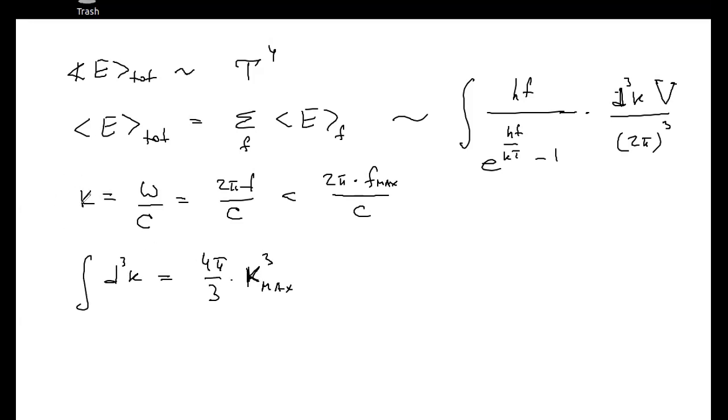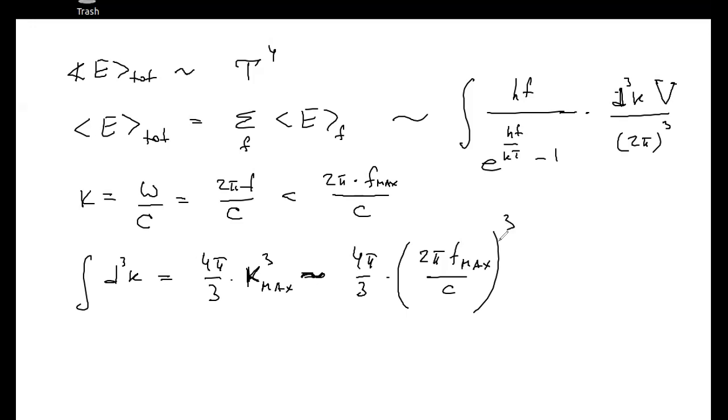But my maximum k would be restricted by frequency, yes? I'm gonna write proportionality because right now I'm trying to do an estimation. So 4 pi over 3, k max is gonna be 2 pi f max over speed of light, cubed.